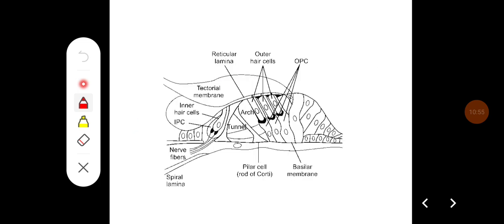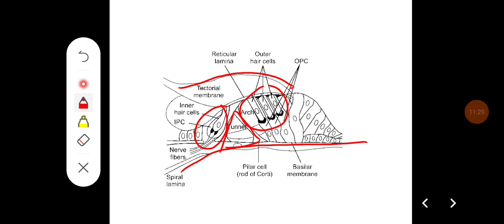So this is the structure of the organ of Corti, which is based on the basilar membrane, and it is made up of a tunnel, medial to which we have the inner hair cells and lateral to which we have outer hair cells. Inner hair cells are less numerous compared to the outer hair cells, and the tips of the hair cells are embedded in the tectorial membrane, mainly those of the outer hair cells.